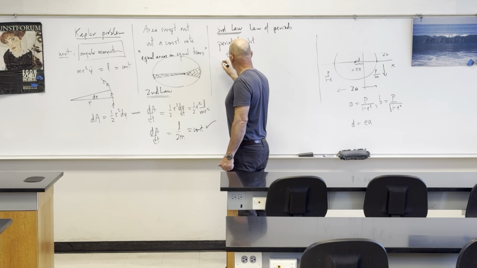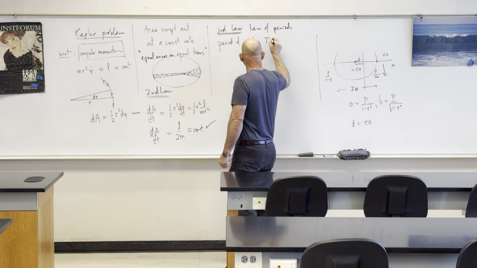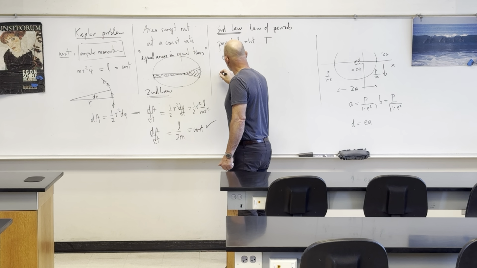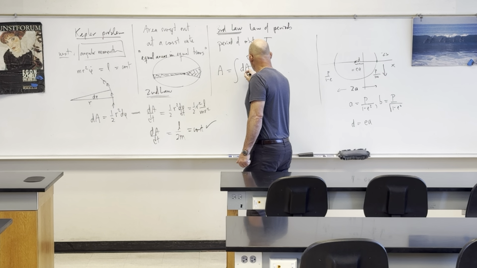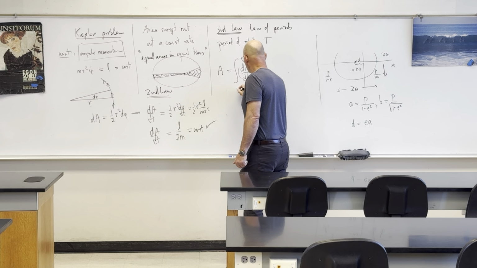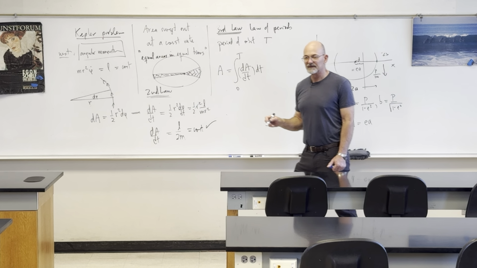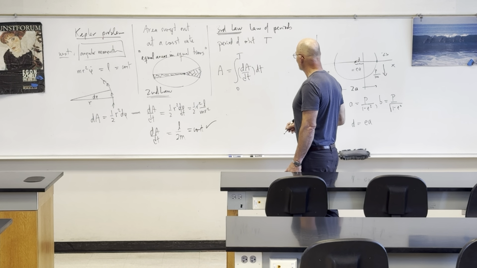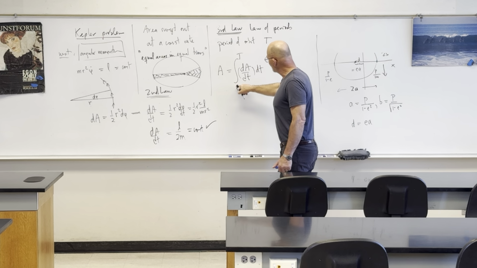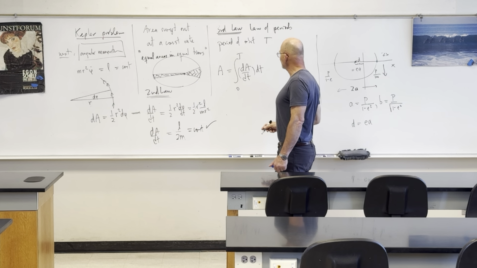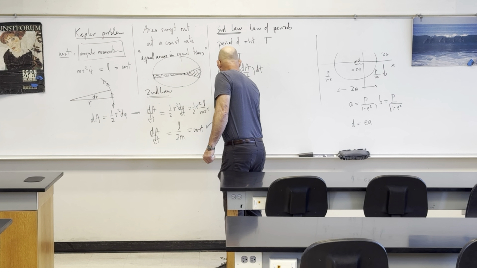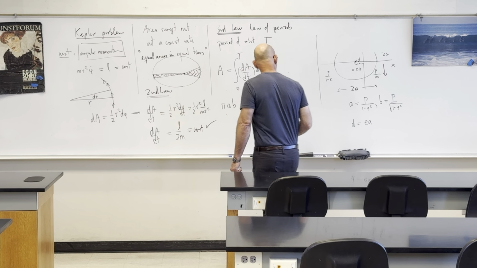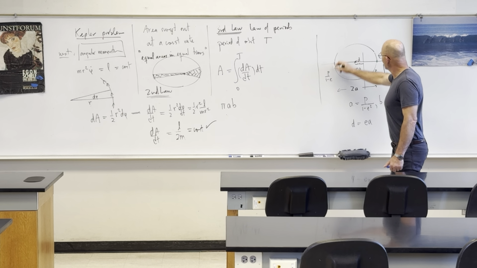So the period of the orbit T, and what we'll say is the area of the orbit is equal to the integral of this area being swept out from 0 to T. Okay, so that's the area, dA dt dt, swept out in one complete orbit of period T. So here we would have pi times a times b as the area of this ellipse.